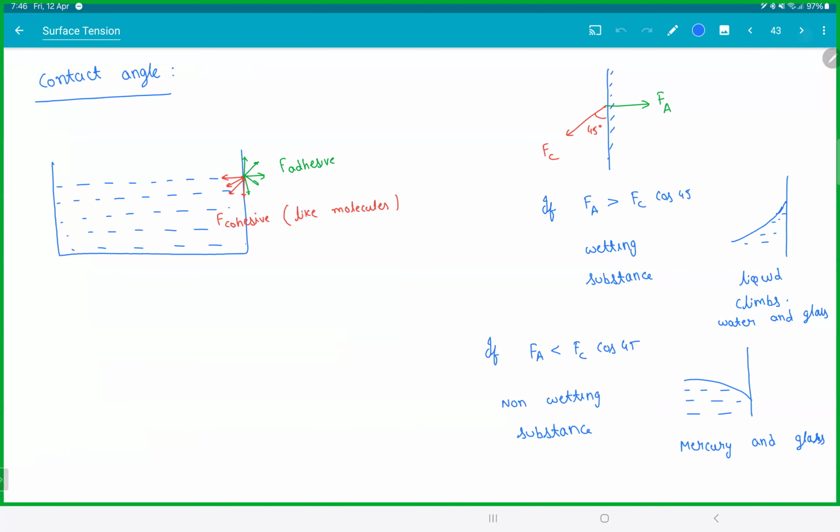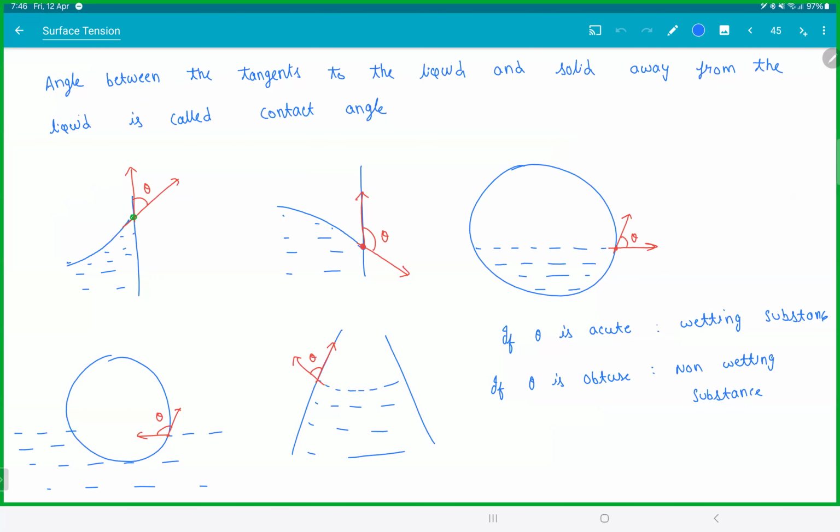Clear with this? All clear with the contact angle concept?